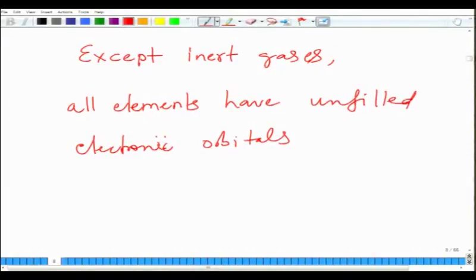So, what should they do? They should do something with these electrons which are unfilled, which are incomplete configuration of electrons in the outer shells. They have to be taken away, they have to be given away, or they have to be shared.